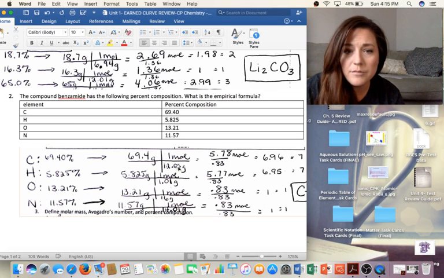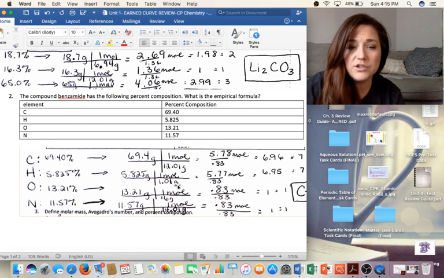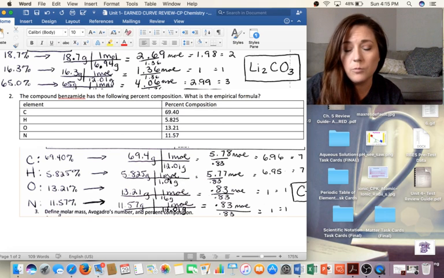So for your molar mass, that's 12.01 grams to 1 mole. You do that for hydrogen as well. Hydrogen has a 1.01 AMU, which is grams for every 1 mole for your molar mass. Then for oxygen, you have 16 grams for every 1 mole. And then for nitrogen, it's 14.01 grams for every 1 mole.